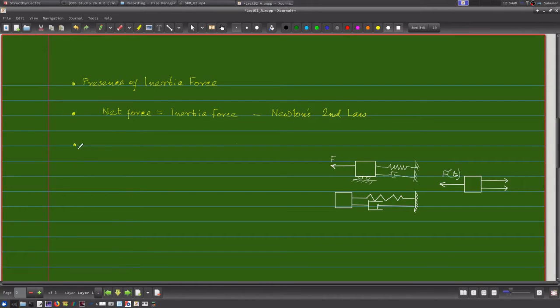Therefore what is my net force acting on the system, say F net?